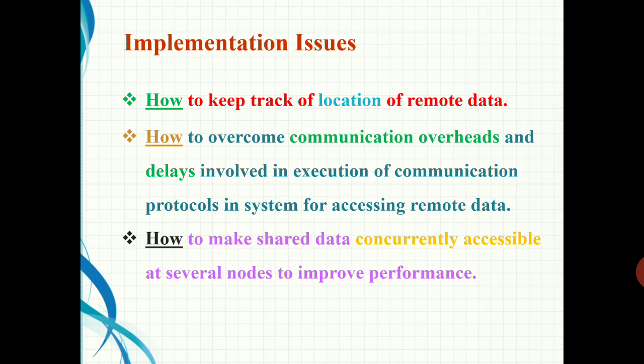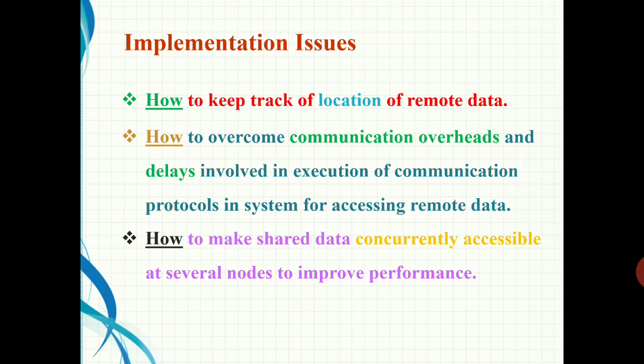Because all the communications are possible through the shared memory, there is some communication overhead associated with it, or delays involved in the execution of the communication protocol in the system. So how to overcome it is another design issue.